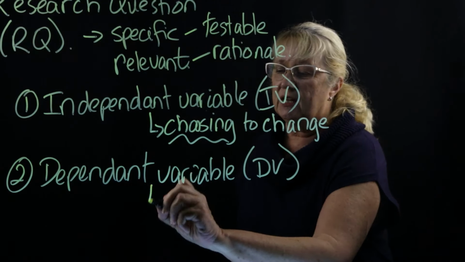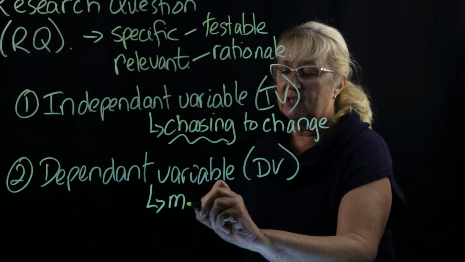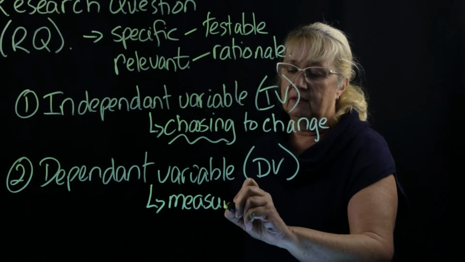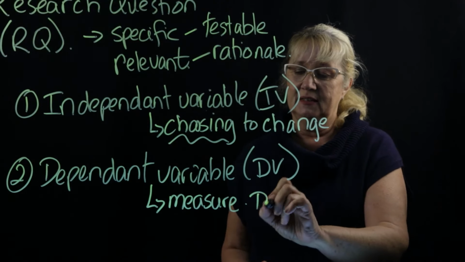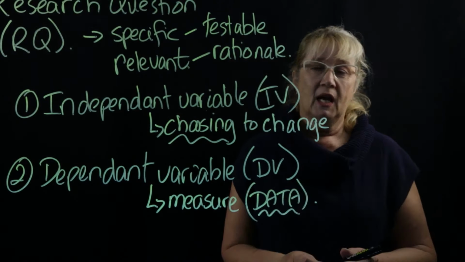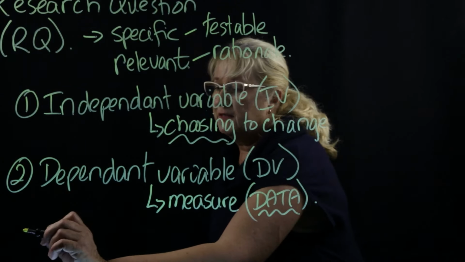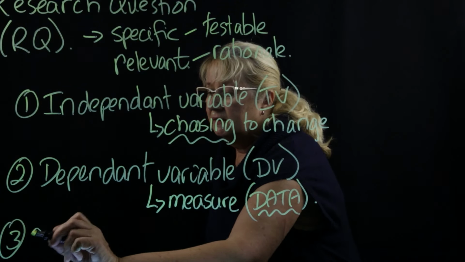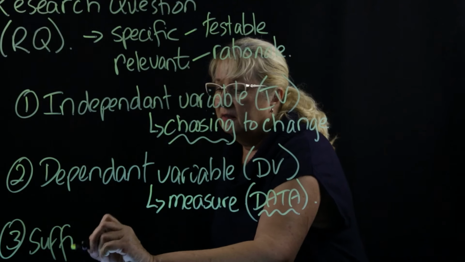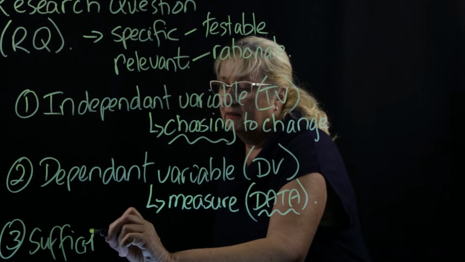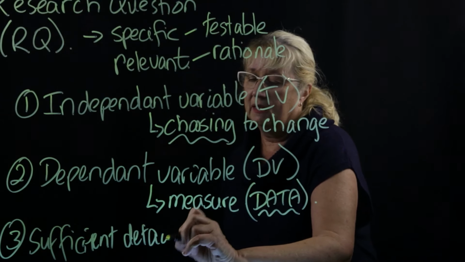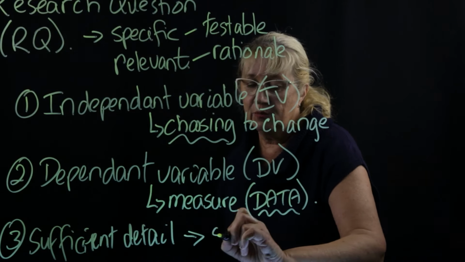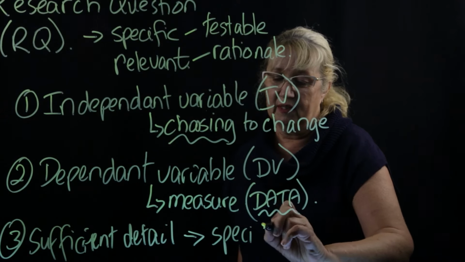So this is actually the one that you are going to be measuring. Those are the results. That is the data that you're going to be collecting, and it needs to have enough detail to make it specific.